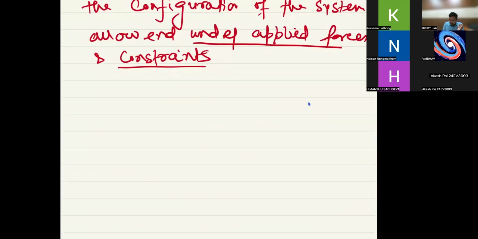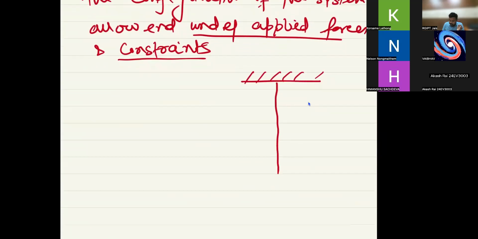For example, let's see this simple pendulum. Let's say at some instant the pendulum bob is here at this position. Now, if you want to displace the pendulum bob from this position to, let's say, this position, you need a finite time.